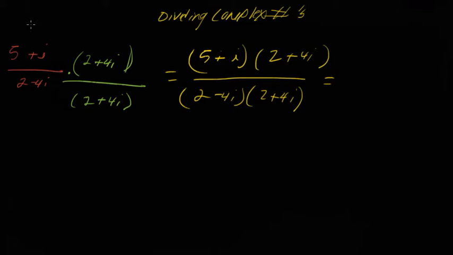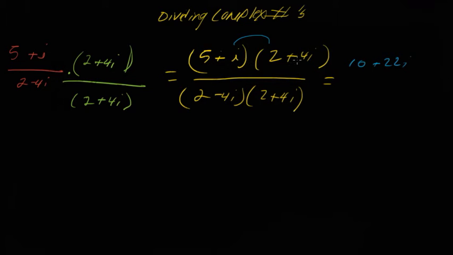Well, let's see what this gives us. We'll FOIL this. We'll get 5 times 2, which will give us 10. And then this 5 times this 4i, that'll give me a plus 20i. And then when I multiply these two together, I get a plus 2i. So I can add those and get a plus 22i. Okay, now I just have to do my last because I did my first times first, my inners and my outers. Now I just got to do my last.